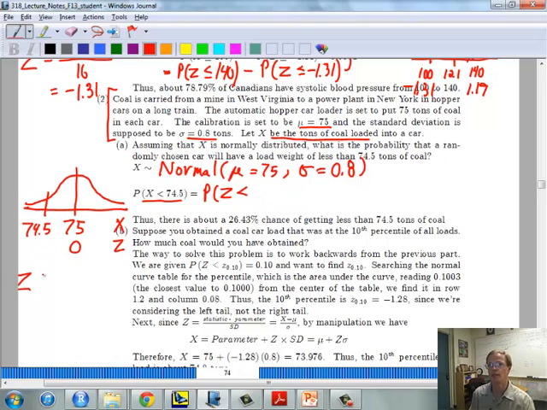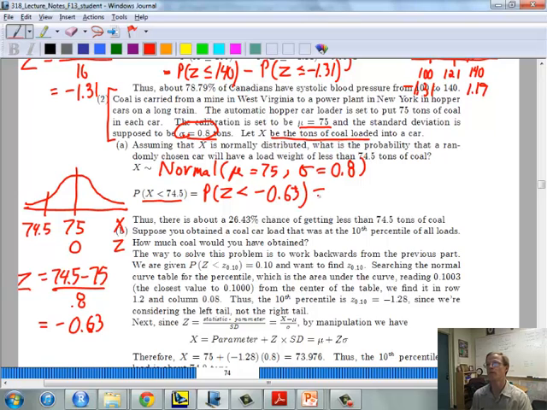So z is 74.5 minus 75 over, what was the standard deviation? 0.8. Okay, so we've got minus 0.63, rounding to 2 decimal places because we're using the z-score.